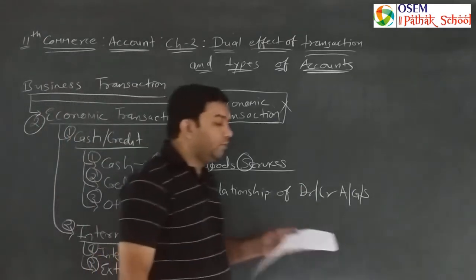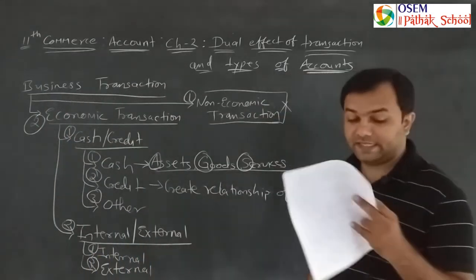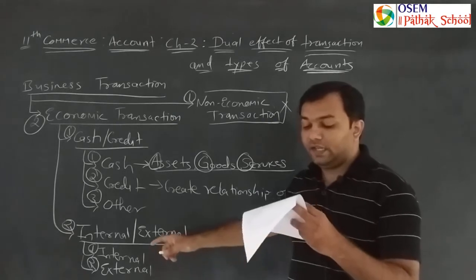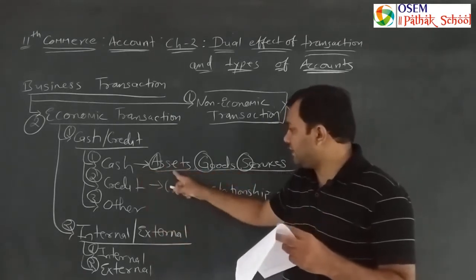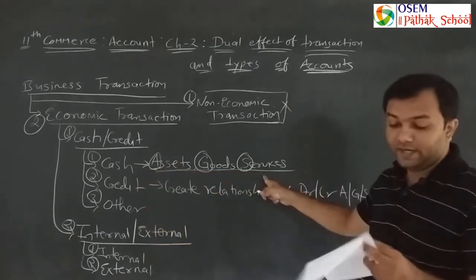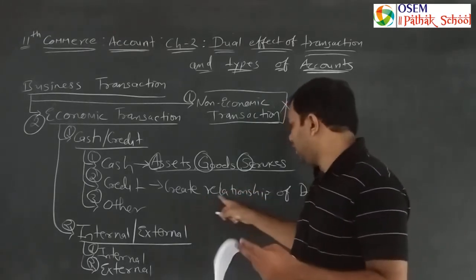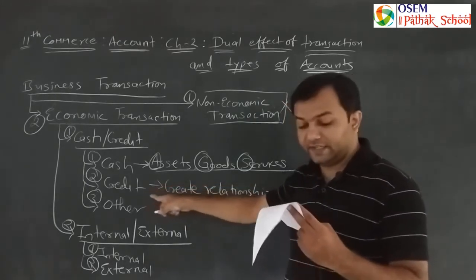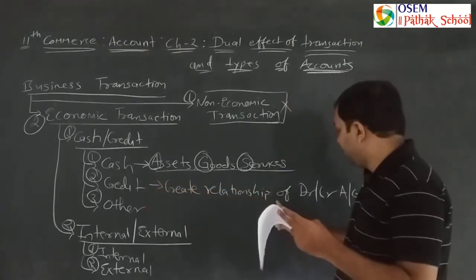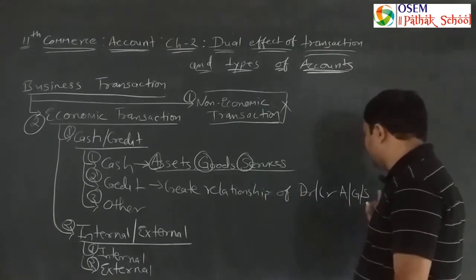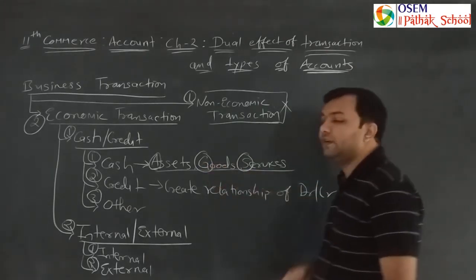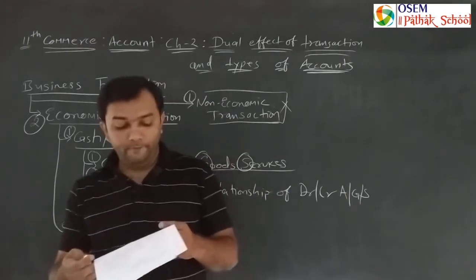So the two main aspects of economic transaction are given here: exchange of cash for asset, goods and services, and next, creation of a relationship of debtor and creditor for asset, goods and services, for credit transactions. Initials of the above three words.